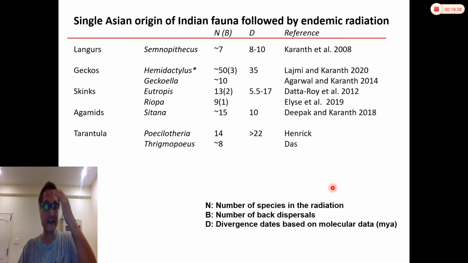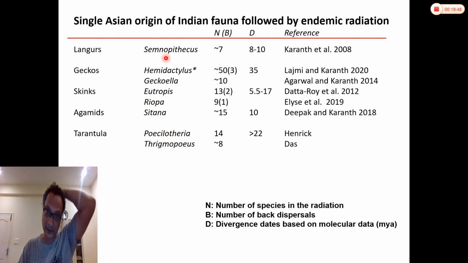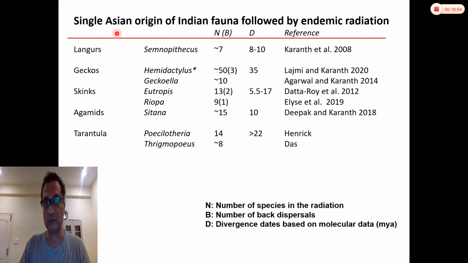And there are many other examples, a lot of it from my lab. All of these are pretty much from my lab. Tarantulas, agamids, skinks, geckos, langurs. In all of these cases, it's mostly a dispersal from Southeast Asia into India, followed by endemic radiation.